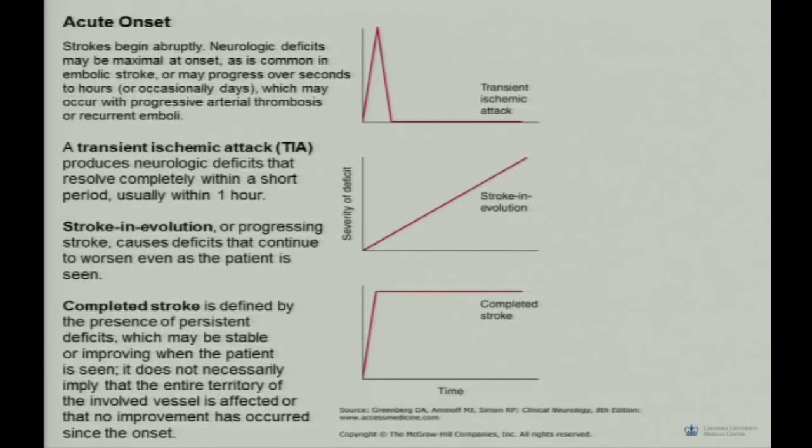For a complete stroke, the onset is very sudden, and the deficit persists. It doesn't resolve itself. And then in between, you can have what's called a stroke in evolution, where you have a sudden onset of a deficit, but it could actually be getting progressively worse.